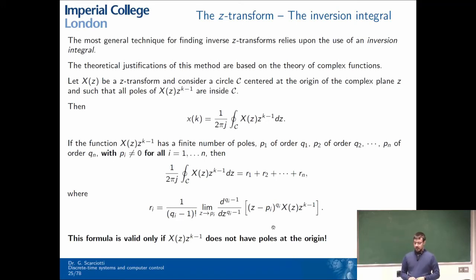If you are interested in the theorem that justifies this, you can find it in a book of complex calculus, okay? But if we are just interested in the practical aspect of this, I have to say that this formula is very useful, and it's one of the best ways to compute the inverse Z transform of a sequence. To convince you of this, we make an example now.